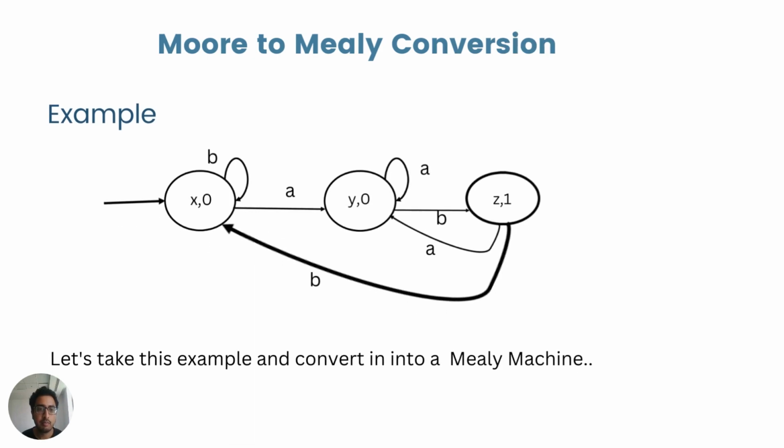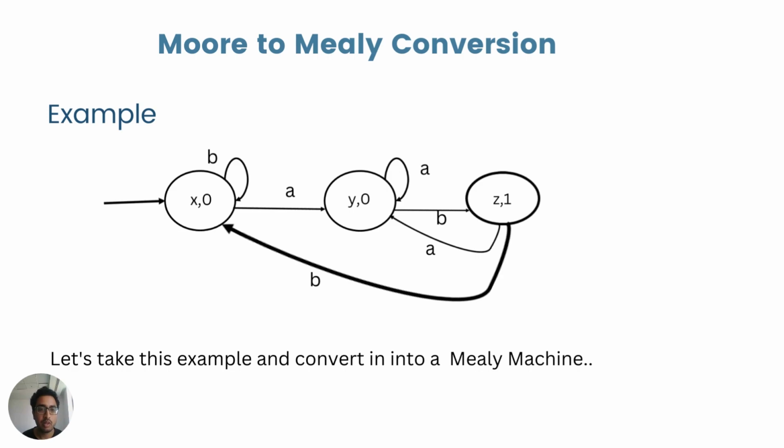So let's take an example and understand the conversion of Moore to Mealy machine. Here it is x comma 0, where x is the state and 0 is the output. If we take b as the input in x, it will stay in the same state and its output will be 0.